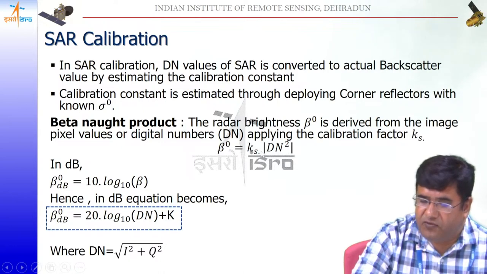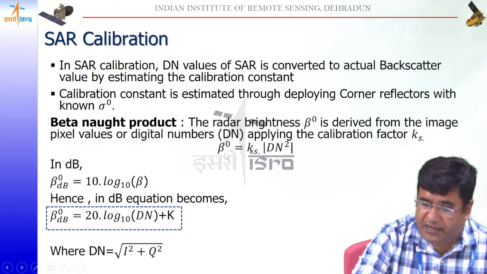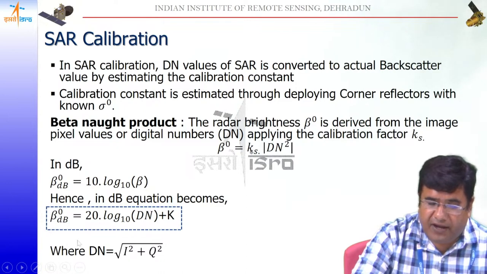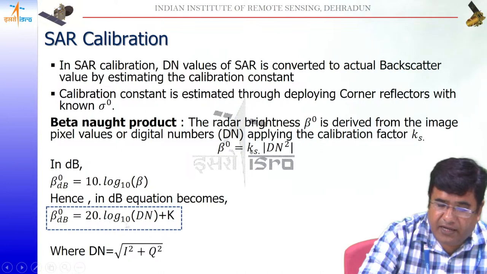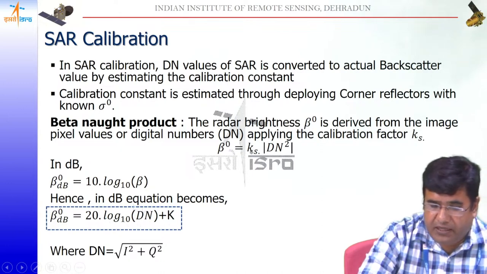If we do it in the log scale, which is 10 log 10, we get it in decibels. So we can find the beta naught in dB, given by 20 log 10 DN plus K. Okay, so this is how we can convert our DN to the beta naught product.